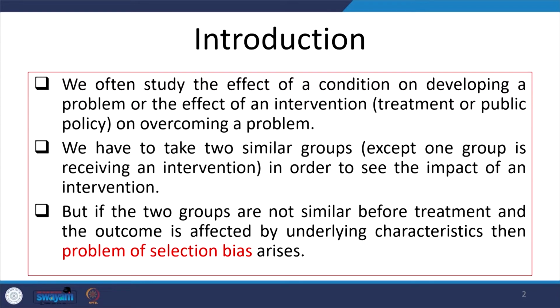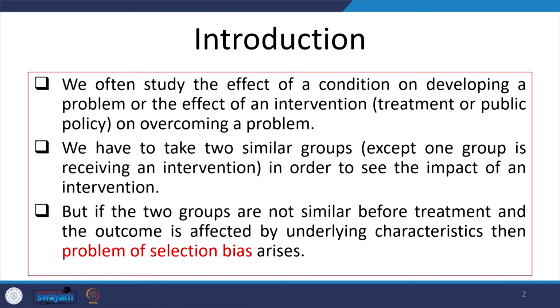An intervention is called a treatment, or a public policy on overcoming a problem. Like suppose we take any policy, let it be Poshan Abhiyan, what has impacted the people due to any sort of intervention, maybe an insurance scheme, whether that has actually reduced the cost of expenditure of the persons or not.